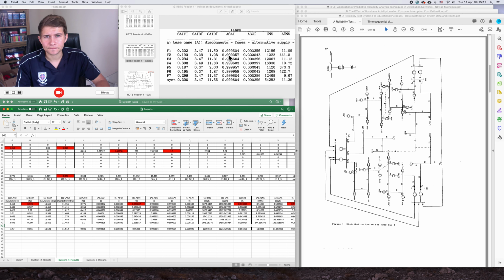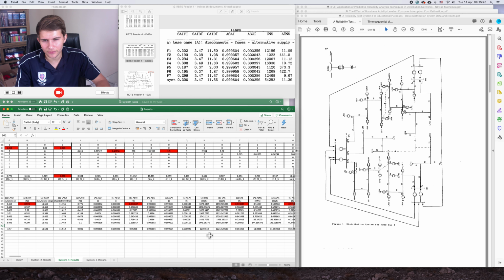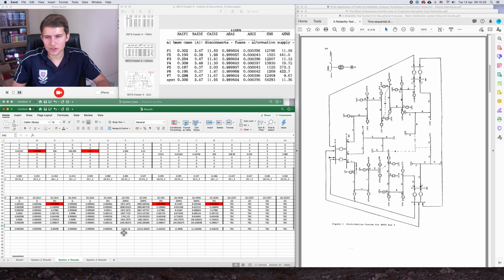The ASI 0.99604, and then these agree because of how large this data value becomes. It's quite easy to get it quite accurate. And then the energy not served is 12,192, and it's 12,196 in his case. And then the average energy not supplied is 11.09, and in my case it's 11.08, with an error of less than 0.16%. So that's my update for the reliability indices stuff.